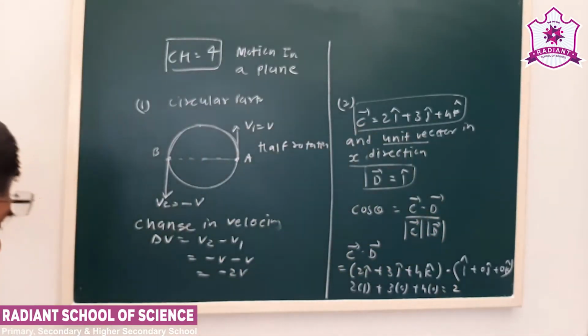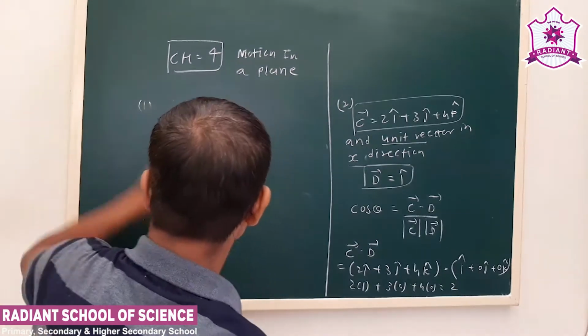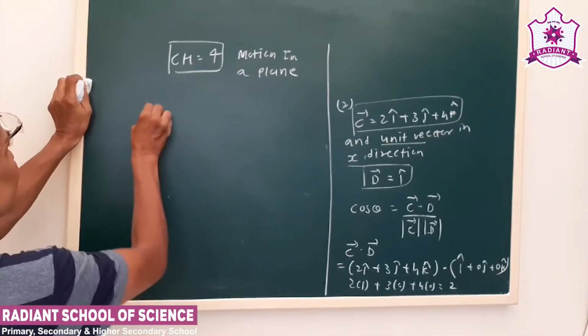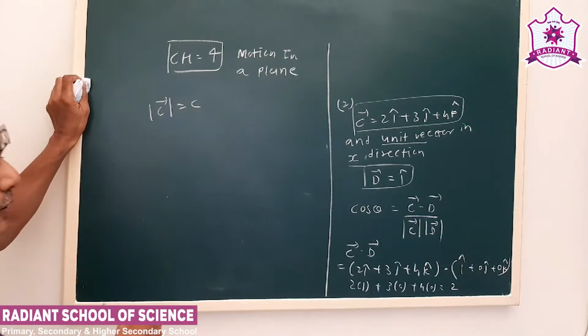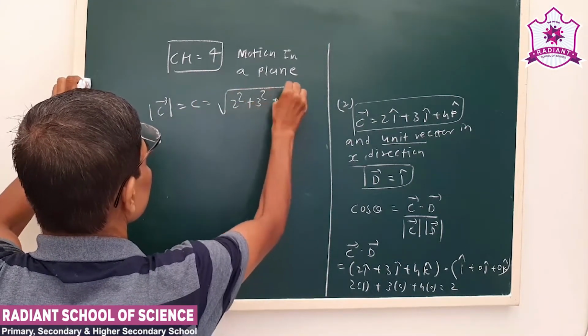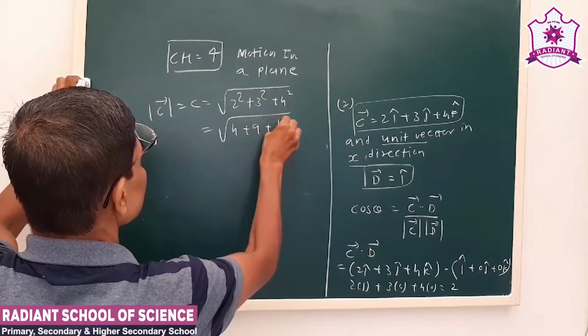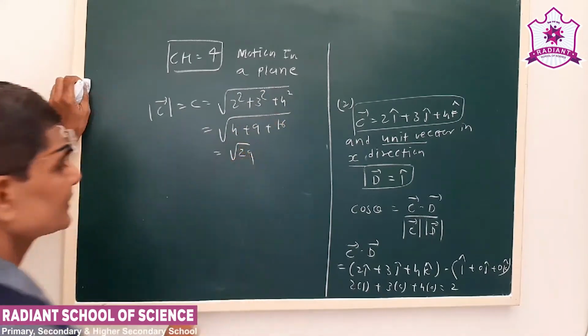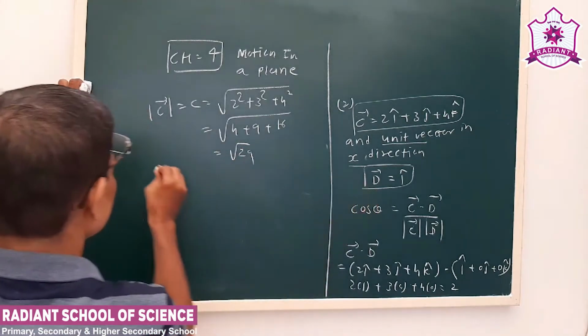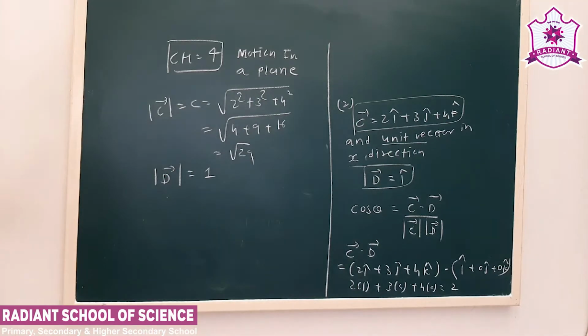Now the magnitude of the vector. You can calculate C as root of 2 square plus 3 square plus 4 square, which is root 29. And the magnitude of D, it is a unit vector, so the magnitude is always 1.